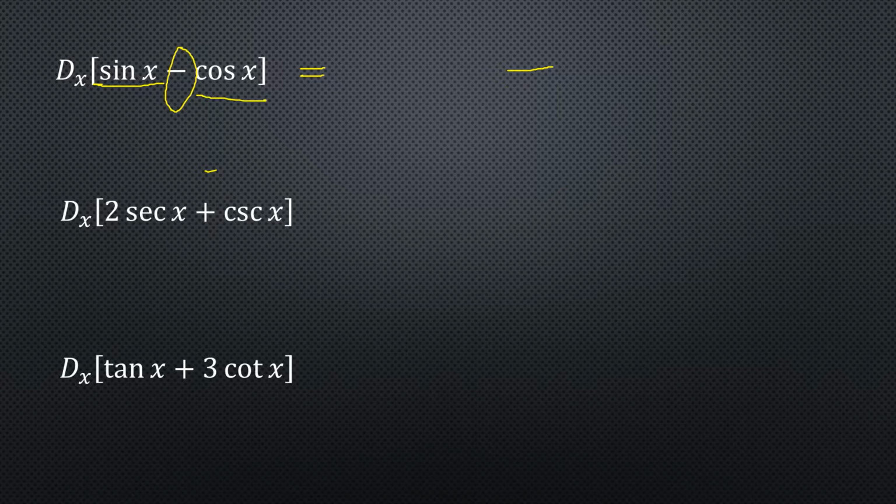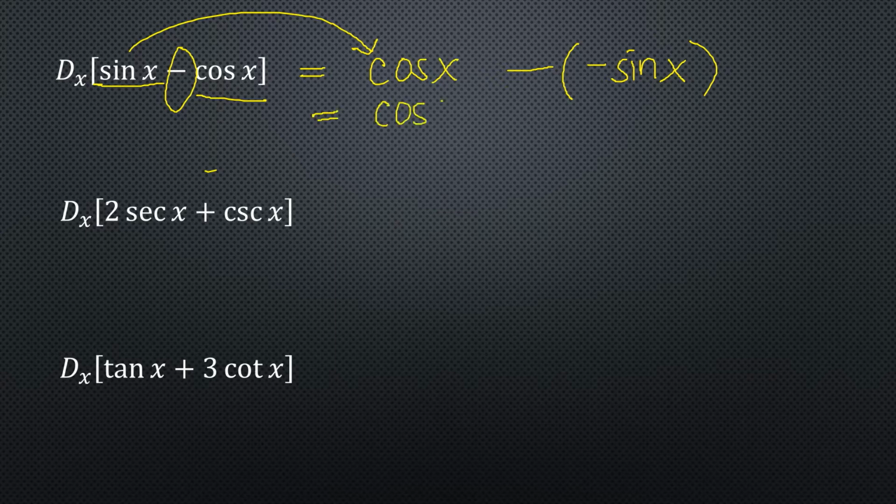The derivative of cosine x is equal to negative sine x, while the derivative of sine x is equal to cosine x. So you just need to substitute. Therefore, the derivative is cosine x plus sine x. So we have here our final answer.